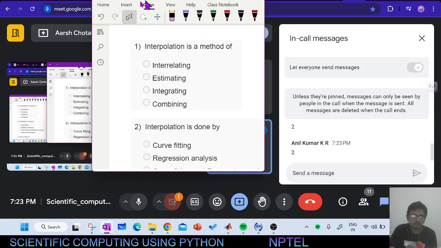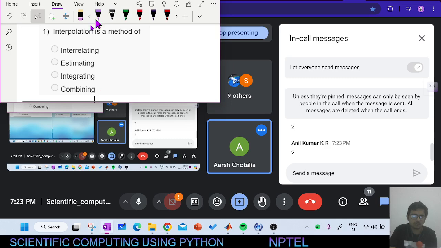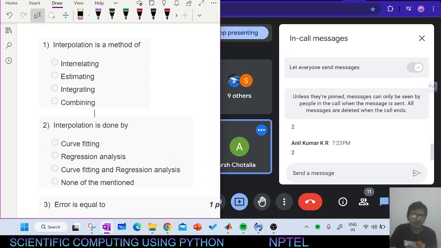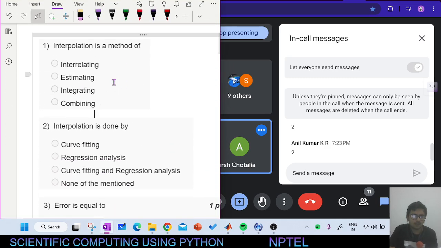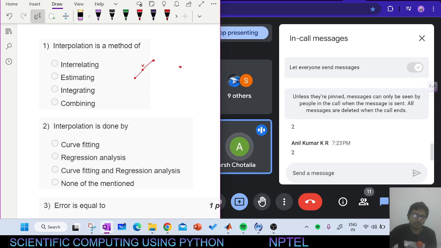And why is it so? Because we have some data points and we want to find what is happening here, right? And we want to estimate it. We can be far from it, but we want our estimate to be as best as possible.